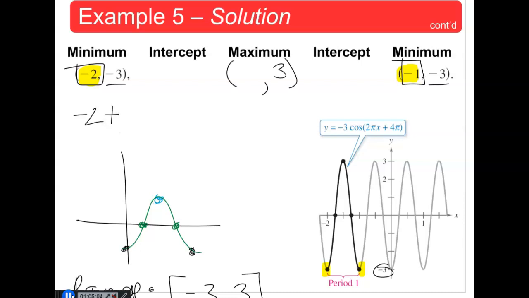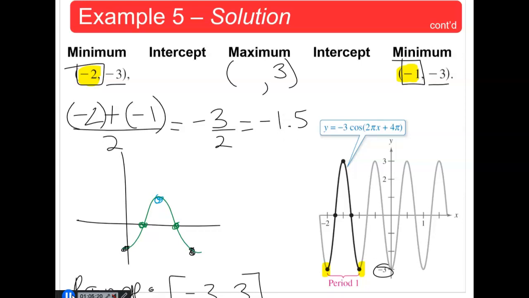So we're going to add them: -2 plus -1, and then we're going to divide by 2. When you add two negative numbers, you keep them negative, so it's -3/2, or -1.5. So let's say -3/2. And so that maximum, remember, is the y value, but it happens right here.